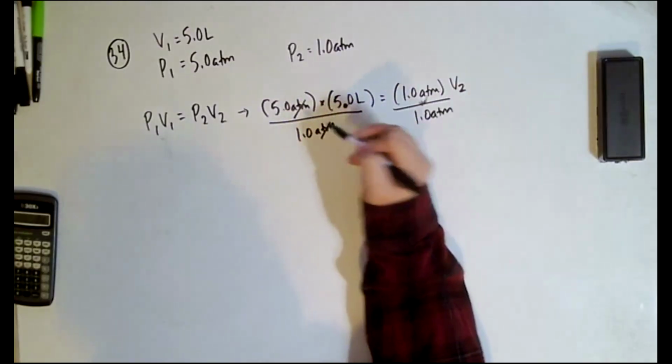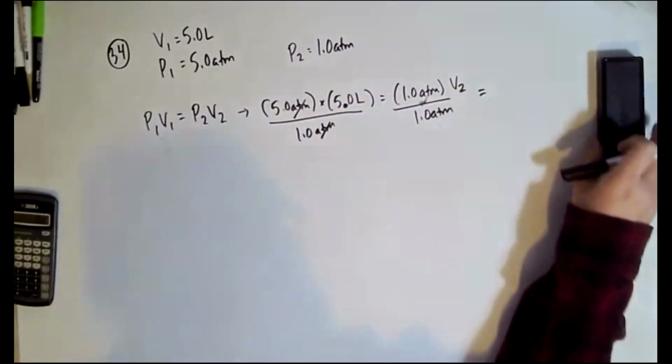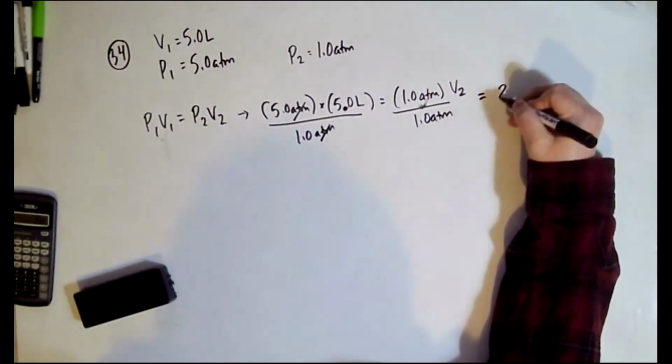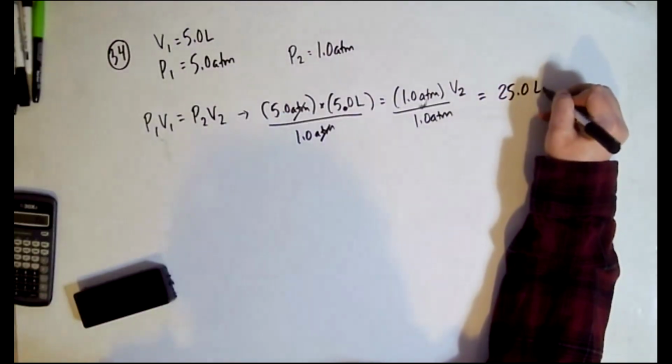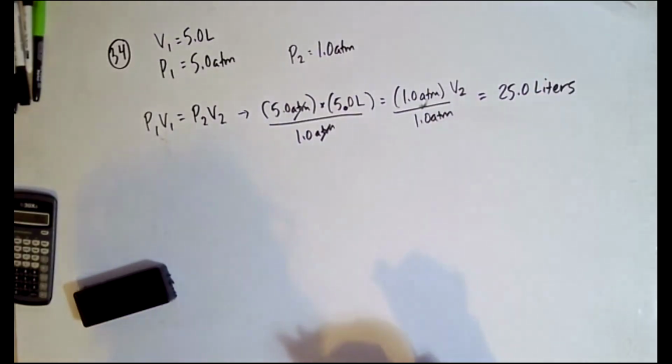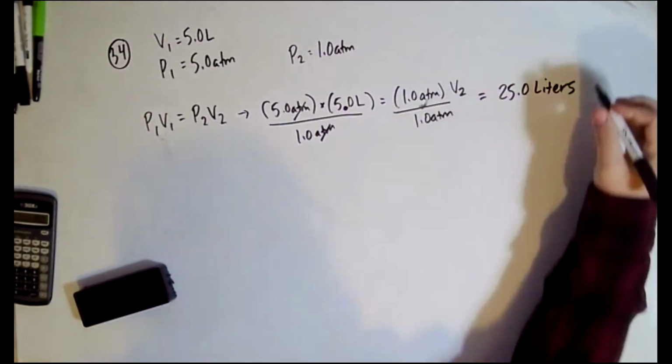And our atmosphere units will cancel out. So the patient ends up getting 25 liters of gas. Okay.